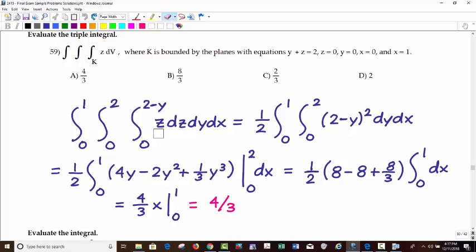But the antiderivative of z, of course, is 1/2 z squared. So I went ahead and just don't have to rewrite the entire thing again. I put the 2 minus y directly in there. So that's the z squared right there. But now it's just going to be 2 minus y squared. And then the 1/2 on the outside, dy dx.